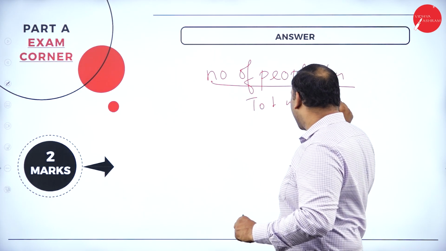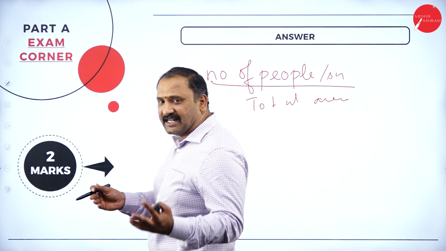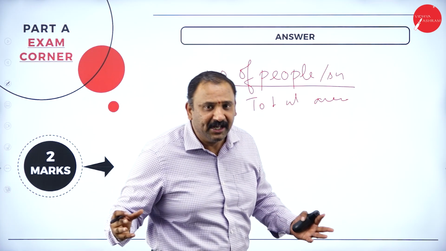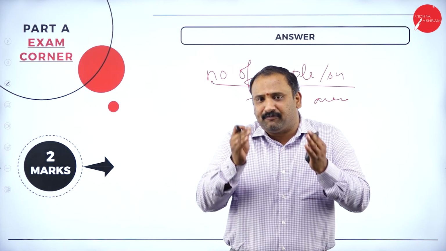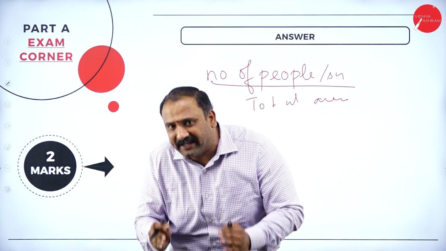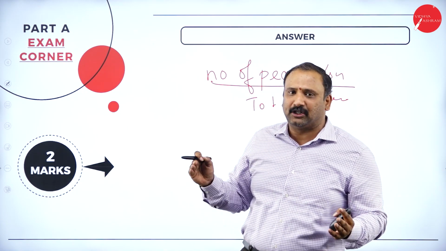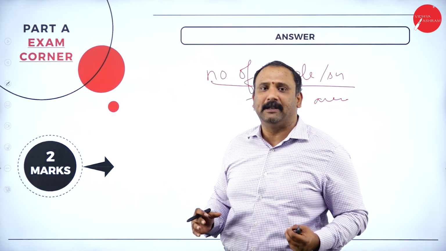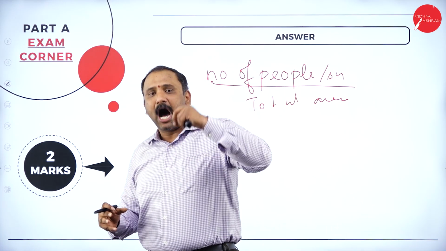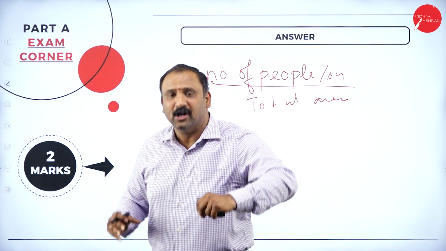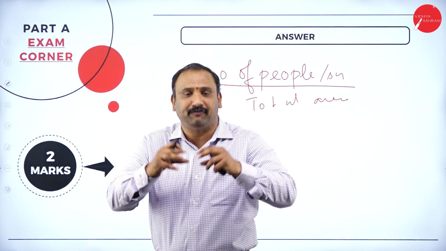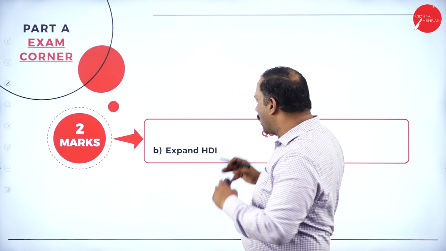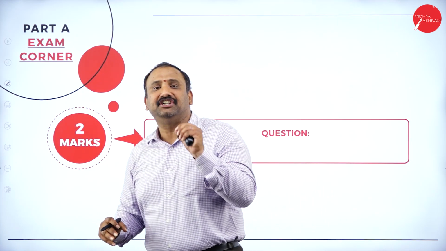So whenever you take a particular city, let's take Mysore, Bangalore, Chennai, Hyderabad, Delhi, whichever city, the number of people who are living in a particular area divided by the total area available will give you the density of population. So it will tell us how crowded or how free the city is in terms of population.